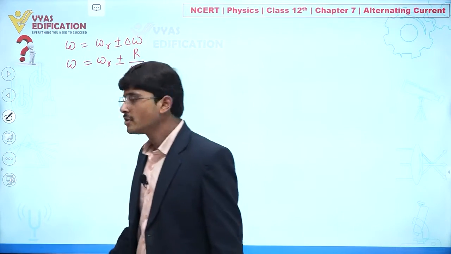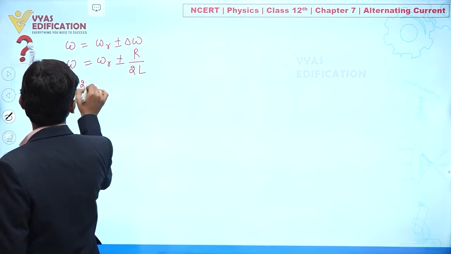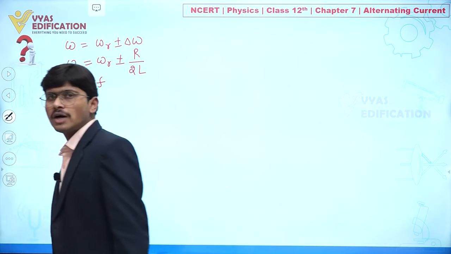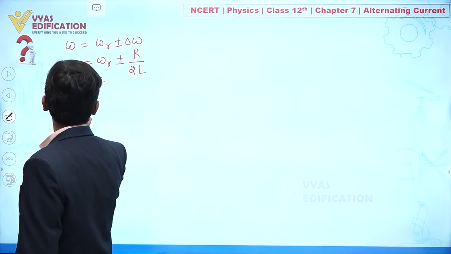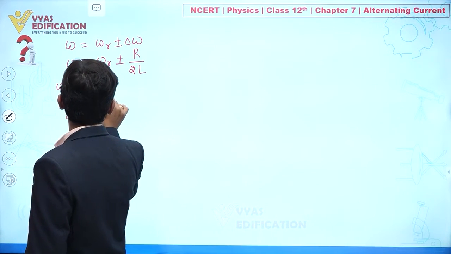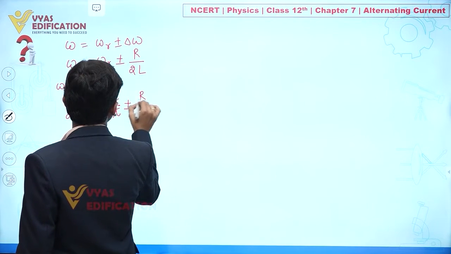Now we know omega is equal to 2 pi f. So how can we write the value of f? If we divide both sides by 2 pi, we can write it like this. Yes or no?